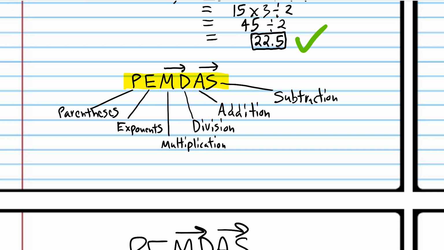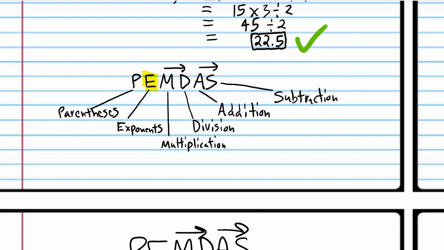We have PEMDAS here. That's an acronym. Each one of these letters stands for a word. And what this means is we're going to read left to right, and whatever letter is farthest to the left, that's the operation we perform first. So P is farthest to the left, so we do whatever's in the parentheses first, because parentheses tells us to violate the order of operations agreement.